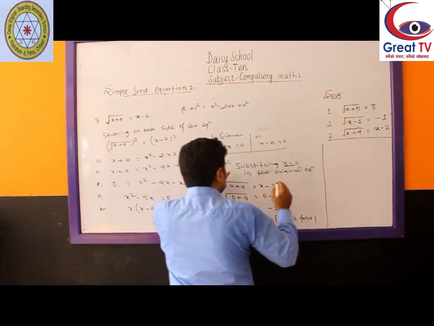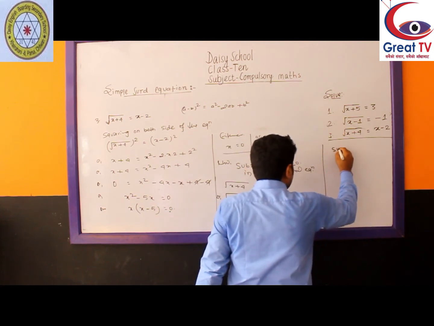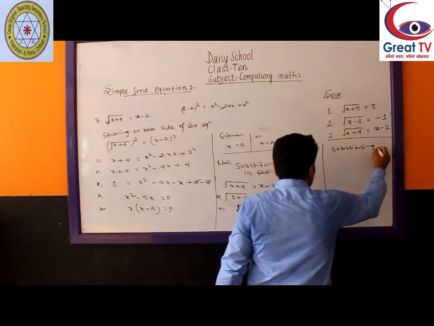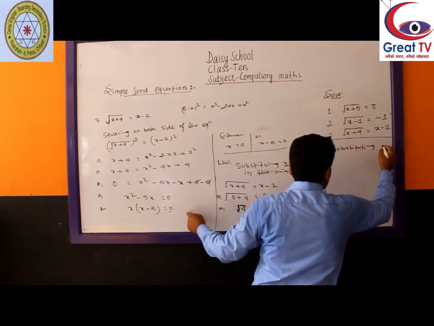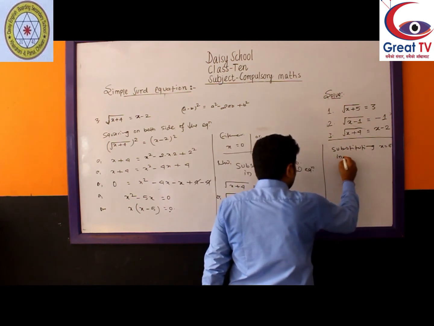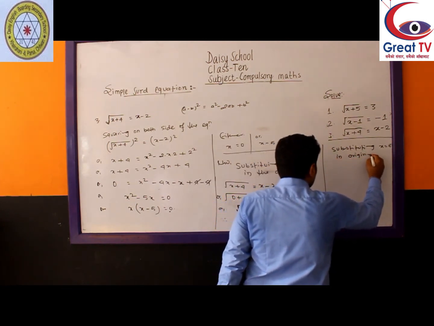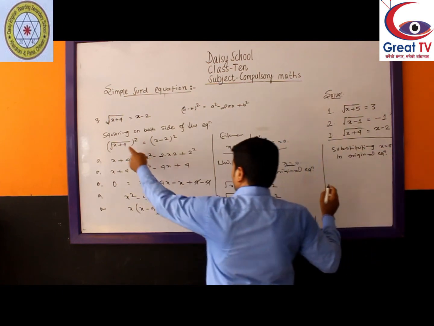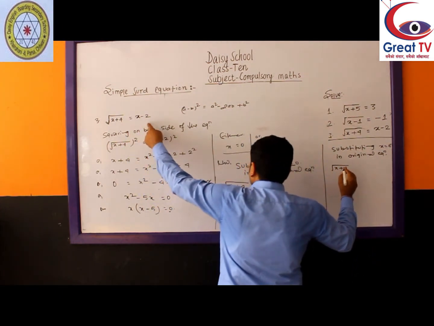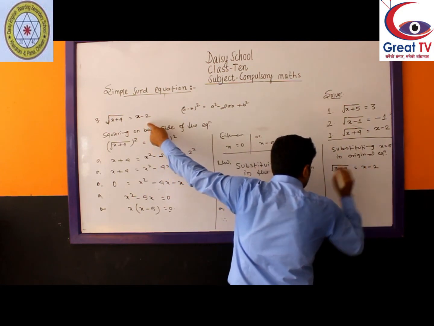Similarly, substituting the value x equal to 5 in the original equation. Root under x plus 4 equal to x minus 2.